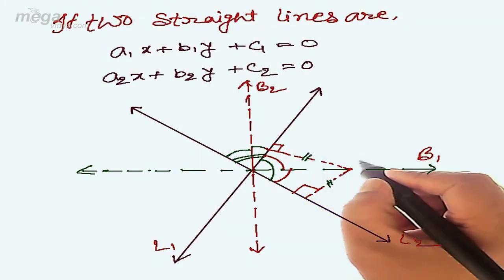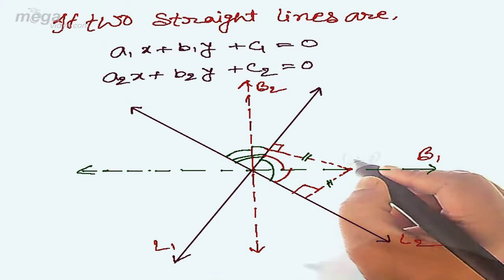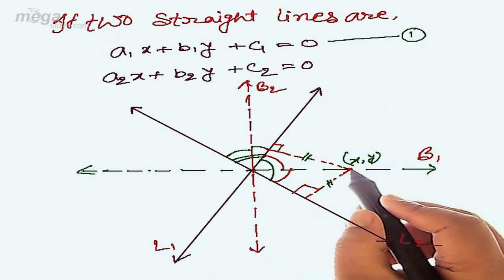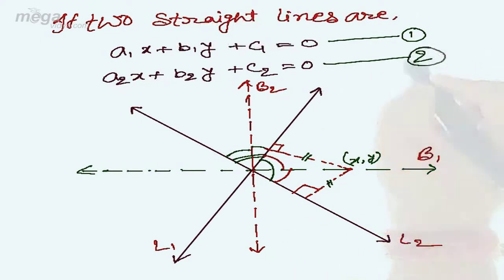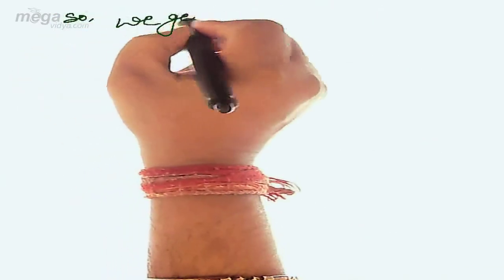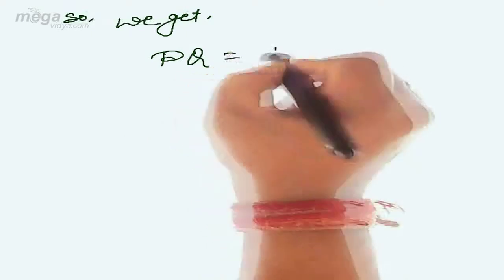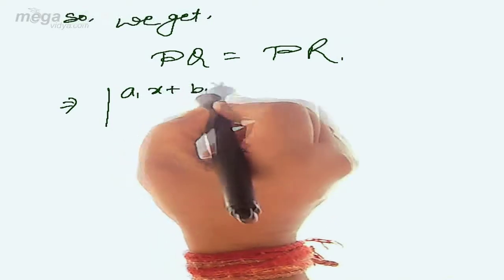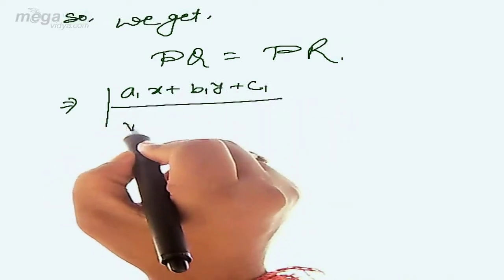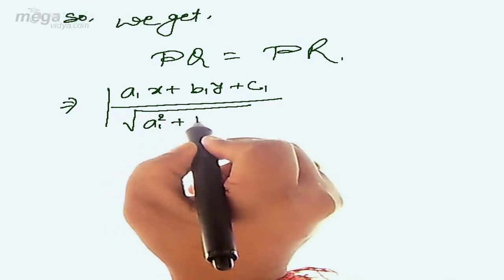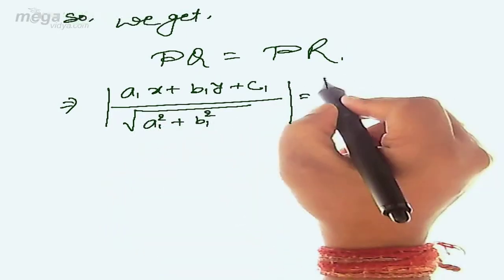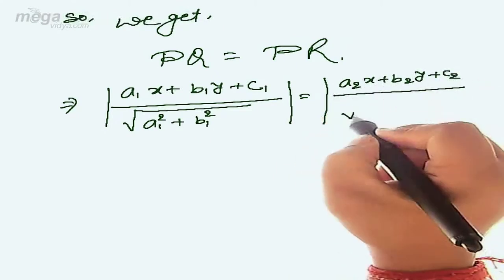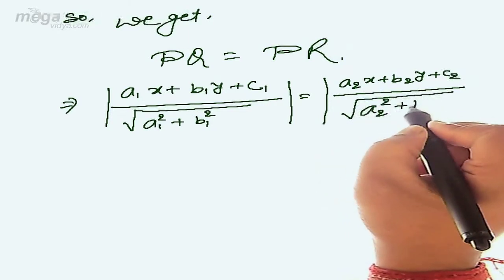If we take this point as (x, y), then the distance of (x, y) from the first line and the distance of (x, y) from the second line should be equal. So we get PQ equal to PR, and hence |A1x + B1y + C1| / root(A1² + B1²) = |A2x + B2y + C2| / root(A2² + B2²).